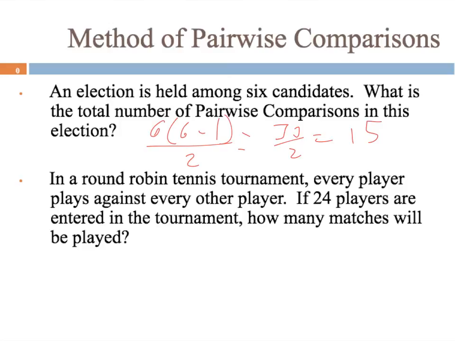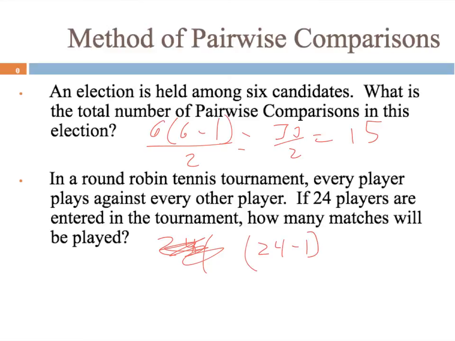In a round-robin tennis tournament, every player plays against every other player, so pairwise comparison. If 24 players are entered in the tournament, how many matches will be played? And this is great if you ever are going to be doing a tennis tournament or any other kind of tournament with your friends. If you know this formula, you can figure out how many games need to be played.